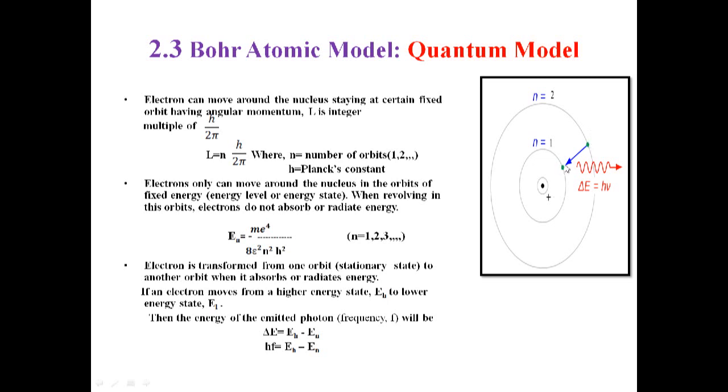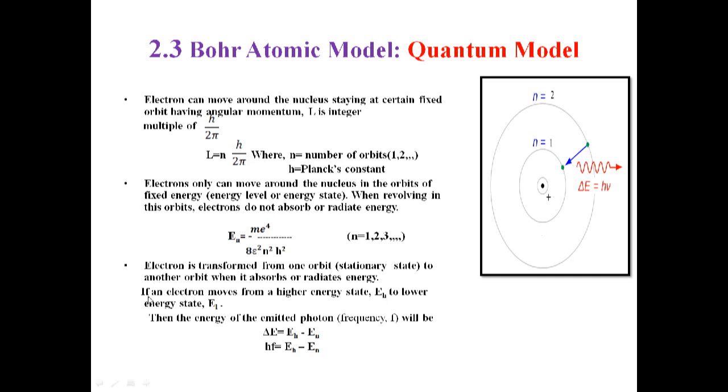That means if an electron stays in the first orbit and wants to go to the second orbit, it needs to absorb some energy from an external source. Or if an electron in the second orbit wants to go to the first orbit, it needs to radiate some energy.